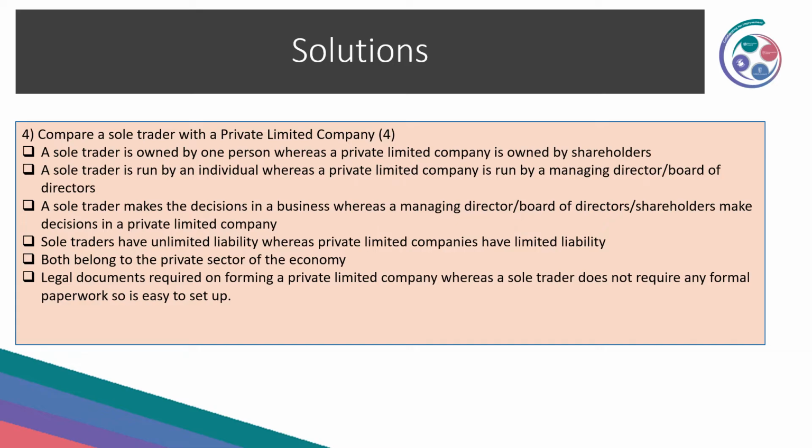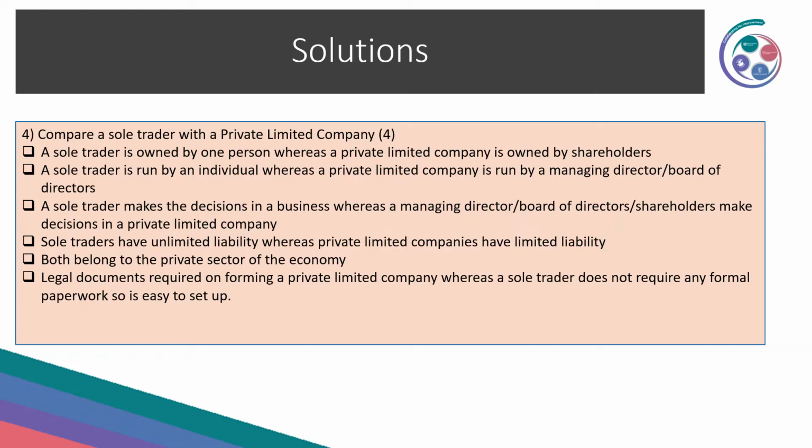And you could say that in a private limited company, legal documents must be set up on forming the company. You could even specify that it is a memorandum of association and articles of association. However, you could just say legal documents and that would suffice. Whereas a sole trader does not require any formal paperwork, so it's relatively easy to set up.